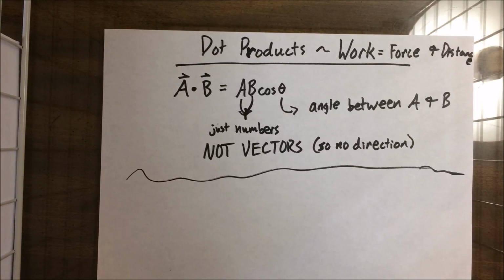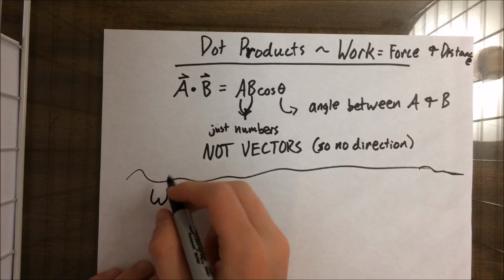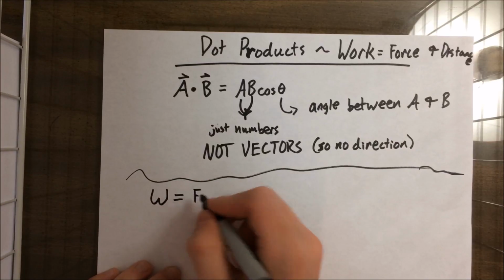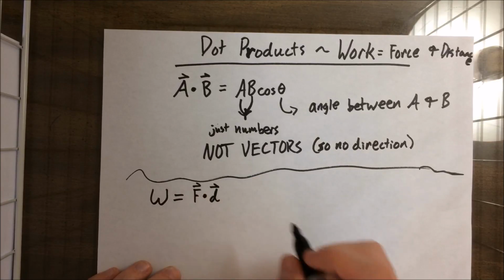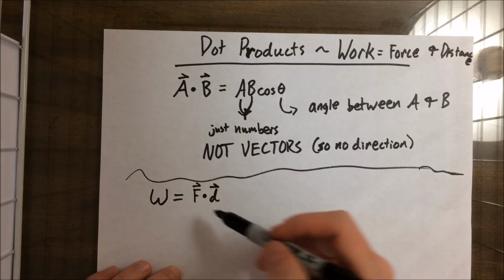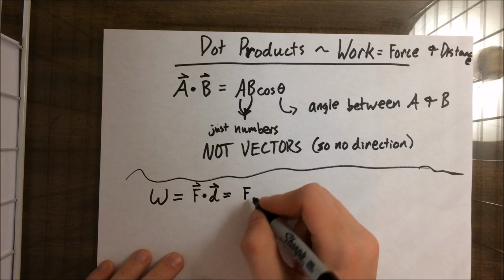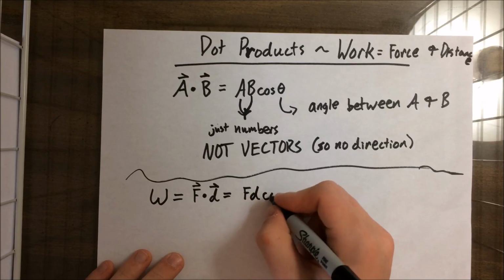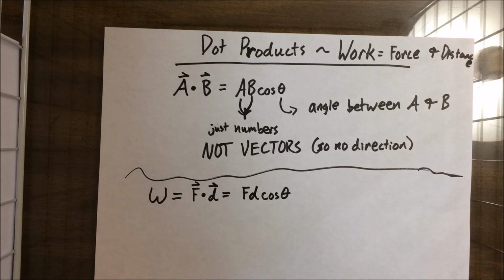To write it as a dot product, we have W is equal to F dot D. So we're getting a non-vector answer out of two vectors because we're going to write F times D cosine of theta. So these are the scalar, or just the numbers involved with the force and the distance.